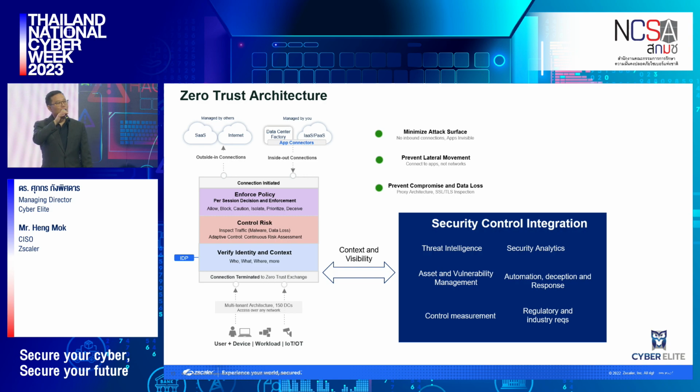So when we want to talk about zero trust from an architecture perspective, this is a simple way to apply it. We've got users and devices on one side, and on the other side, we've got destinations. Whether that is an internal application, a software as a service mechanism, or infrastructure as a service.